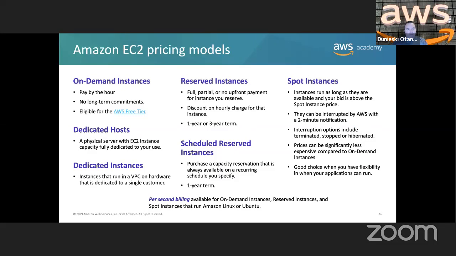When do we use on-demand instances? For predictable patterns. You pay by the hour, with no long-term commitments. Remember that you have a long-term commitment when you go for a reserved instance.